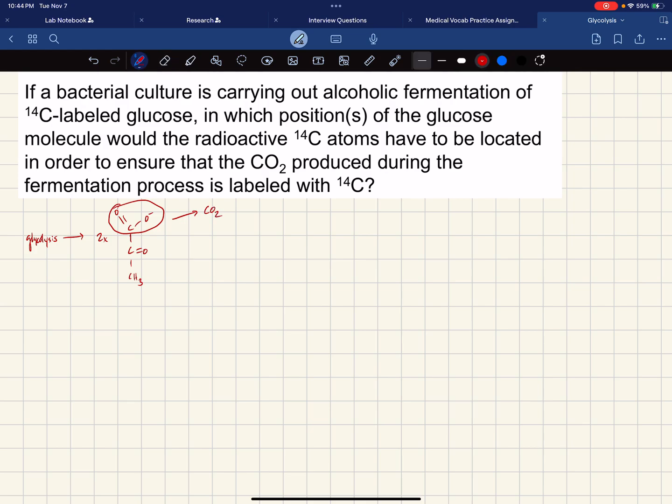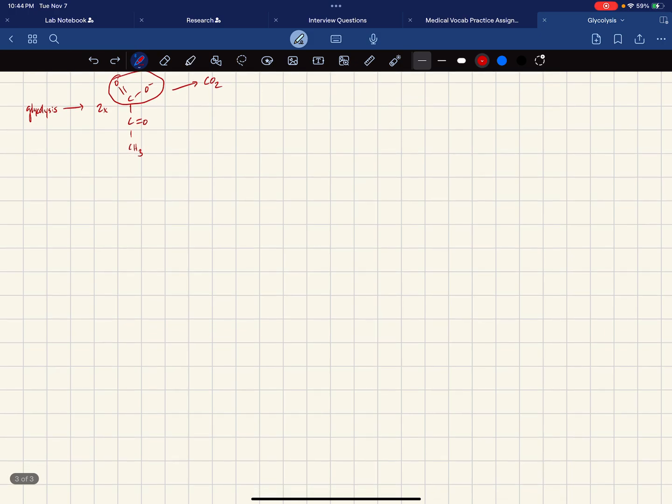Now, he's asking where these radio-labeled atoms would have to be located to ensure that CO2 is produced. So ensuring that CO2 is produced means that both of these carbons that we get from glycolysis have to be labeled. And this is actually a little bit tricky when you start thinking about it.